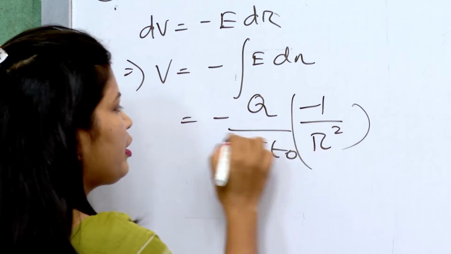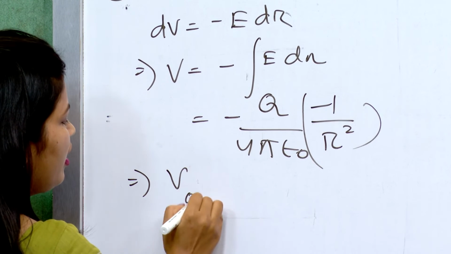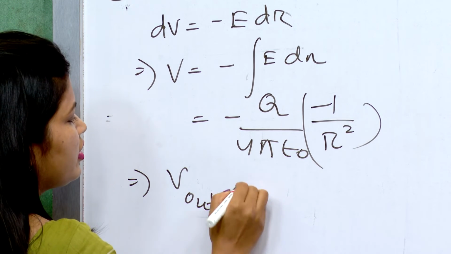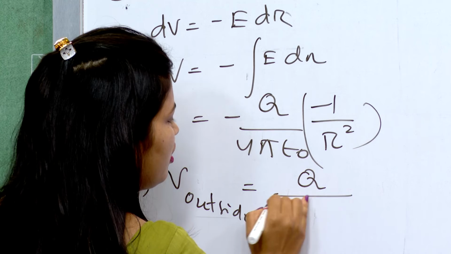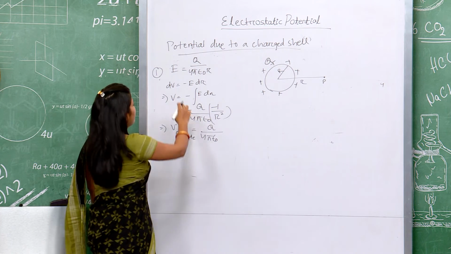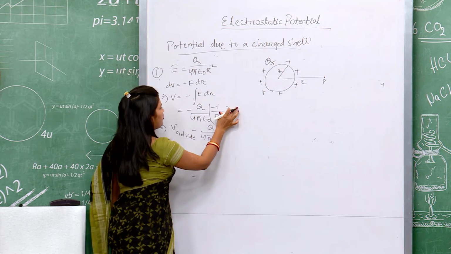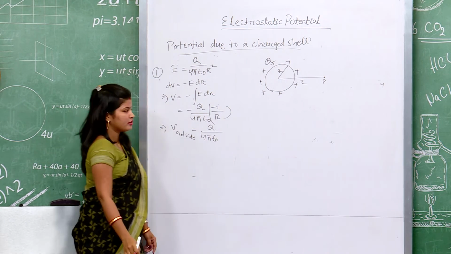Minus times minus is plus. So, we get V outside is equal to Q upon 4 pi epsilon naught r. So, potential is minus 1 upon r.